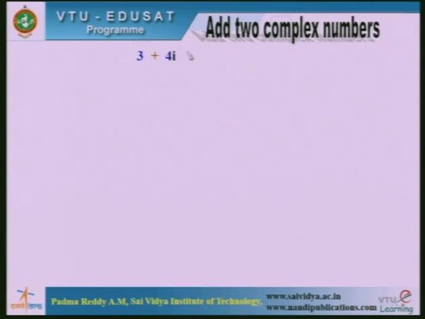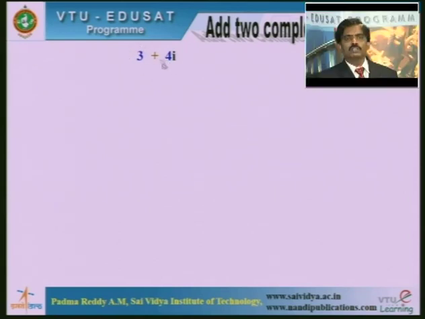How to represent this complex number using C language. Now, in mathematics, we call this the complex number, and each complex number has two parts. One is the real part and another is the imaginary part. What is the real part here? 3. What is the imaginary part? 4.